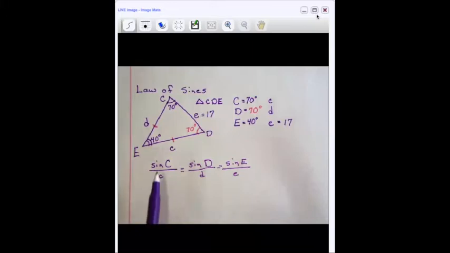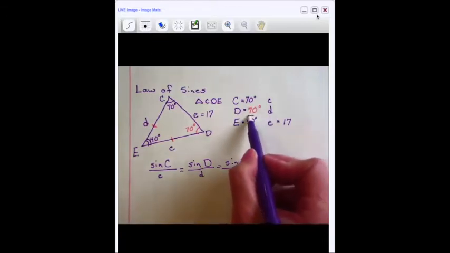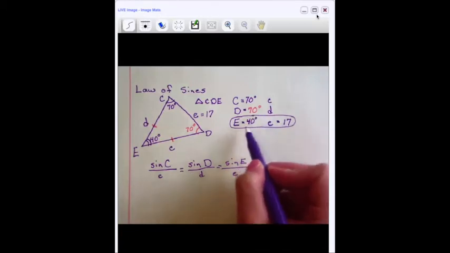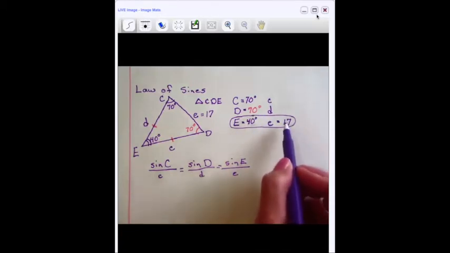Now we can always flip it over. Sometimes you'll see it as the side on top and the sine on the bottom. That's fine. As long as we're consistent, you might see it one way or the other. Now I know that I have a full ratio when I have E and e, the angle and the side.